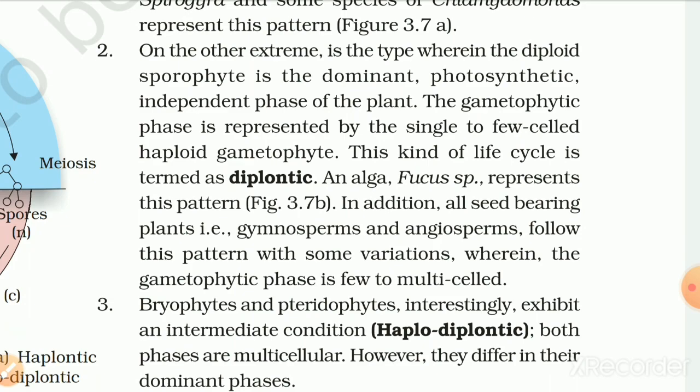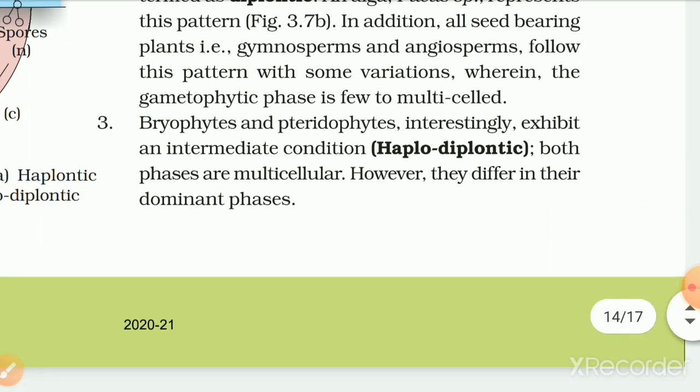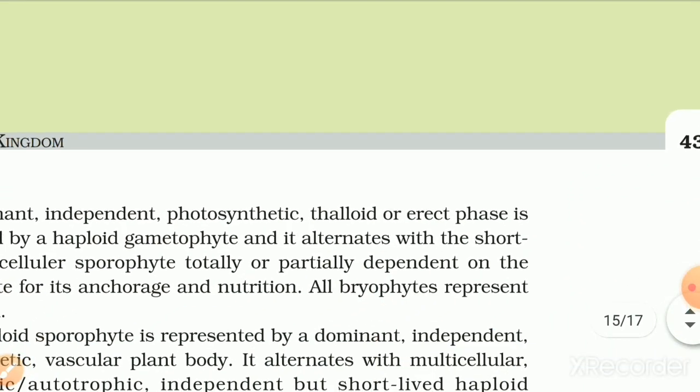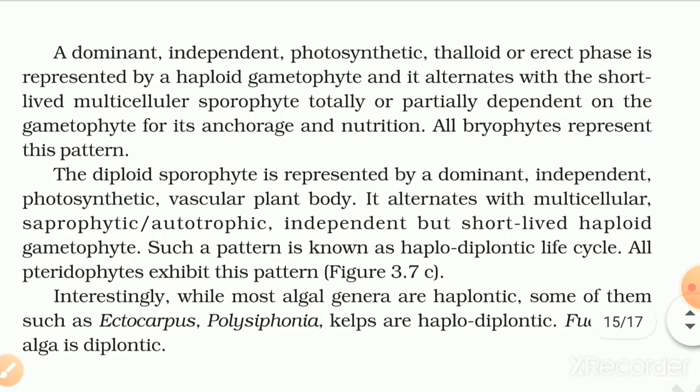Both phases are multicellular, however they differ in their dominant phases. A dominant independent photosynthetic thalloid or erect phase is represented by the haploid gametophyte, and it alternates with the short-lived multicellular sporophyte, totally or partially dependent on the gametophyte for its anchorage and nutrition. All bryophytes represent this pattern.